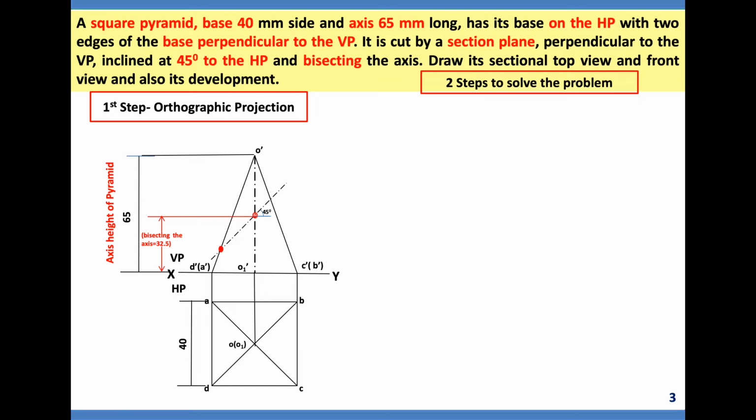As you can see, the square pyramid has four slant edges. Which are those? O dash A dash, O dash B dash, O dash C dash, O dash D dash. Then there will be four cutting points. Yes, intentionally I have differentiated colors, which you will come to understand in the consequent stages.